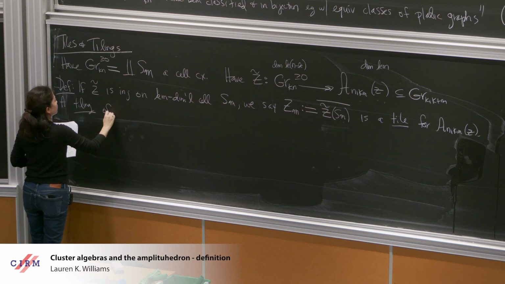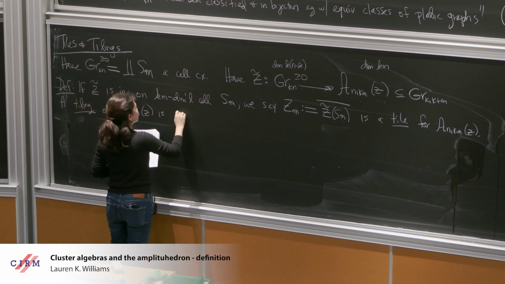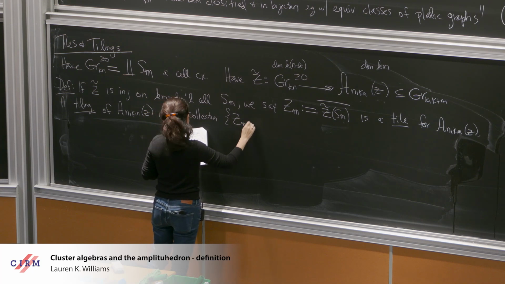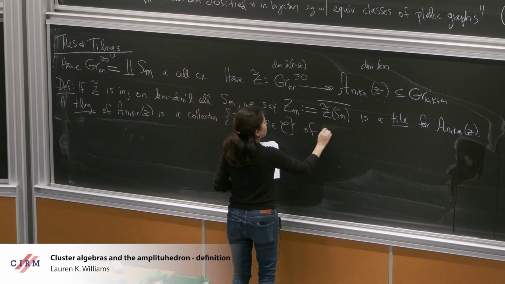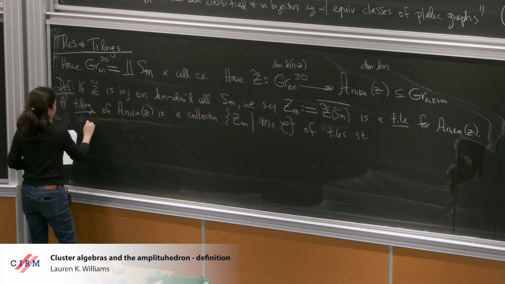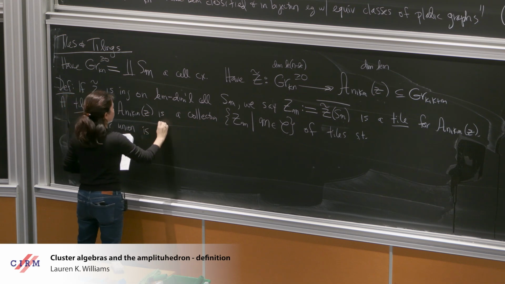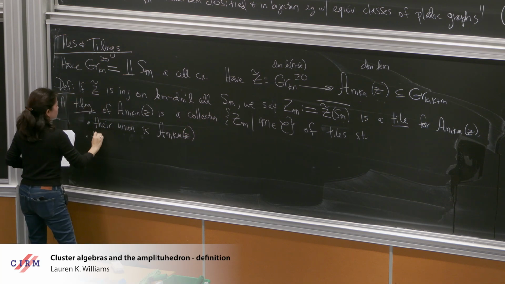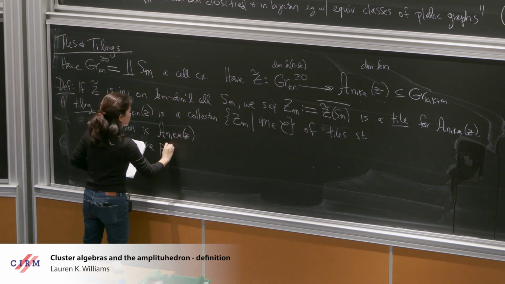And now a tiling of the amplituhedron is a collection, Z_m, of tiles such that their union is the whole amplituhedron and their interiors are pairwise disjoint.